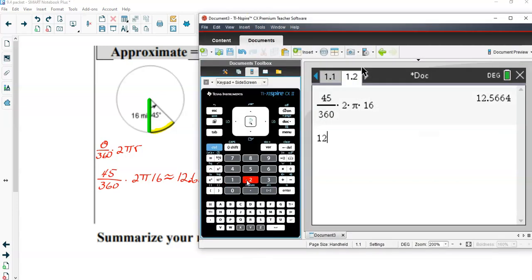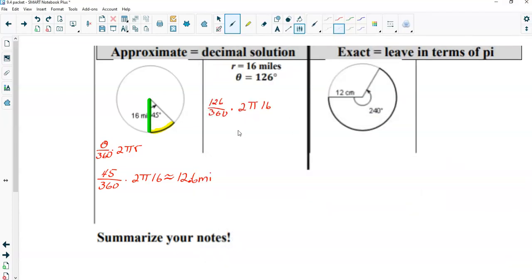That's 126 divided by 360 times 2 pi 16, and we get approximately 35.2 miles. Neat.